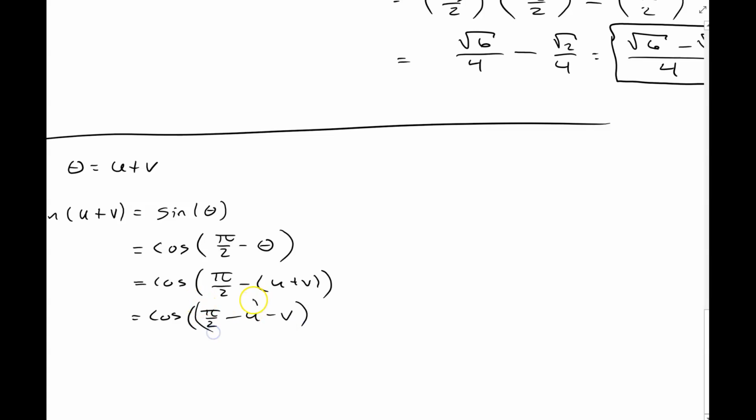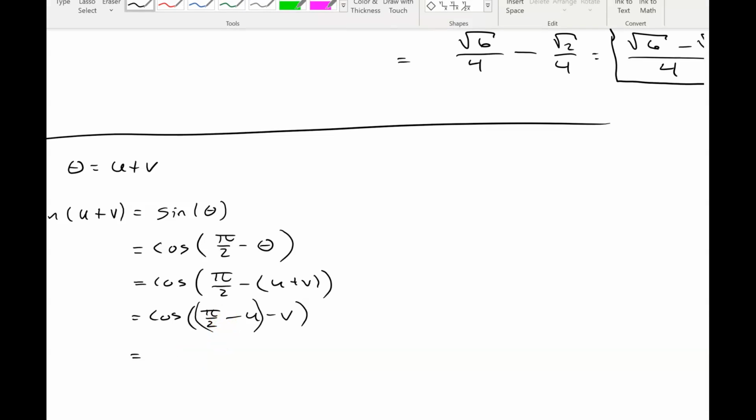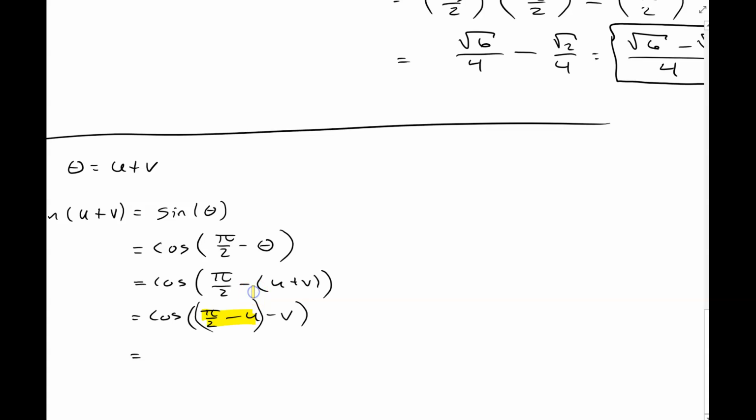And now I'm going to regroup this, because I want to get the u's and the v's in separate parts when I apply the angle difference formula for cosine. So this part is like my u, and this part is like my v.